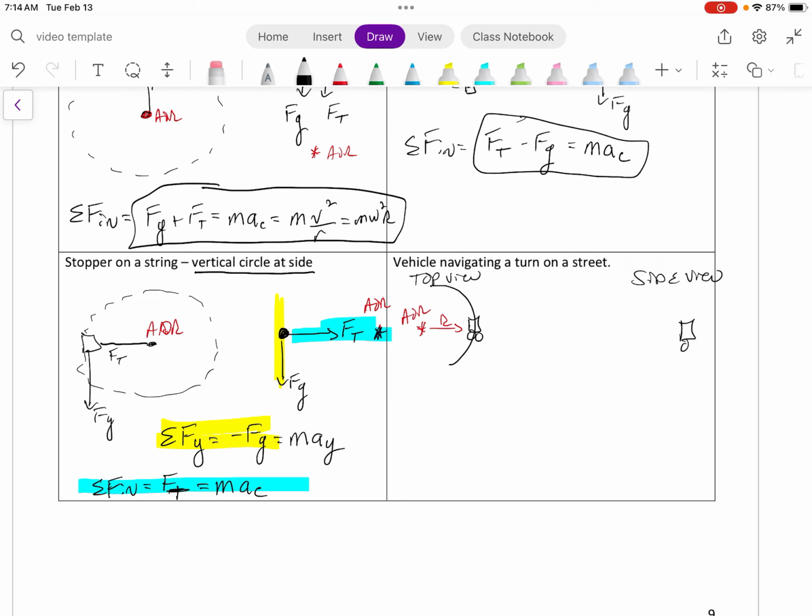So if I look at it through the paper, here's the road. We have force of normal upwards. We have force of gravity in the downward direction. And we have force of static friction inward. And we need to draw the axis of rotation of that curve.